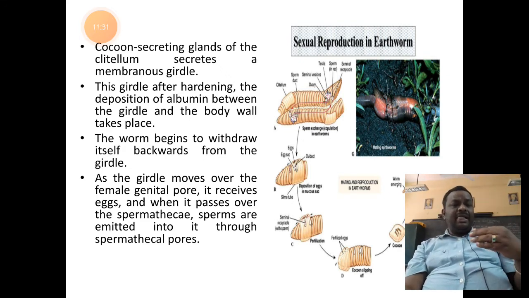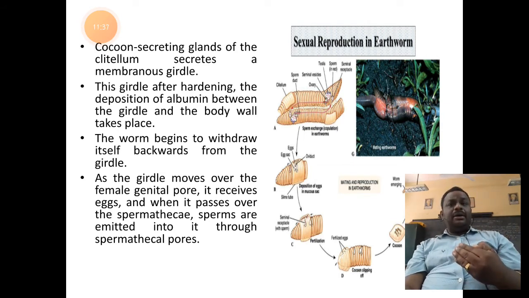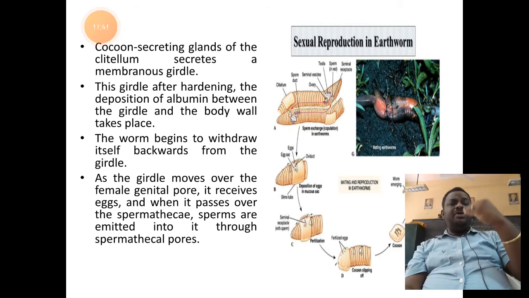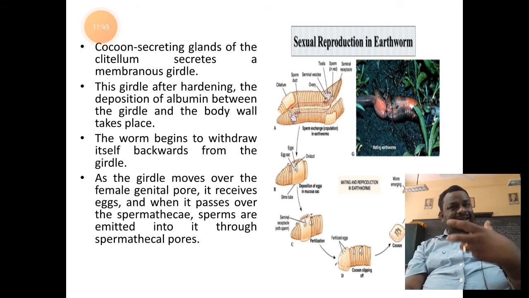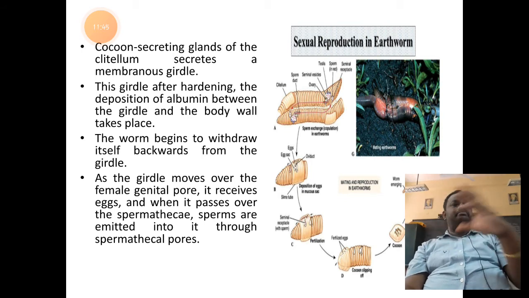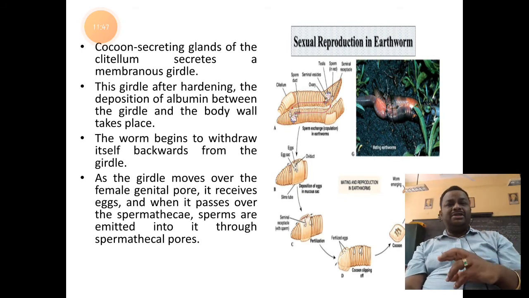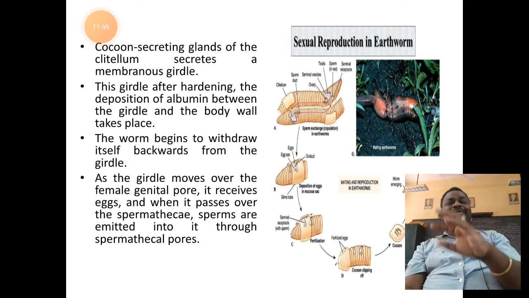So, remember, first the clitellum will secrete the cocoon glandular secretion, and this secretion becomes hardened, thickened, and it will separate from the clitellum region alone. And later the albumin is thrown into the structure of the cocoon glandular secretion.